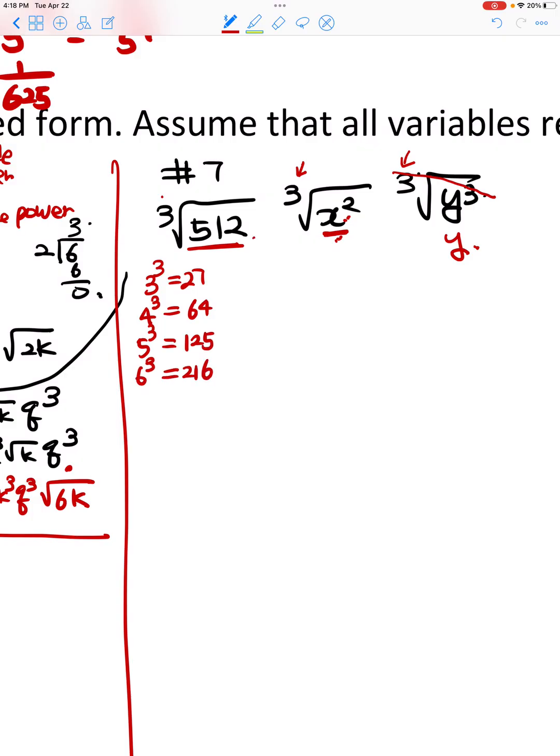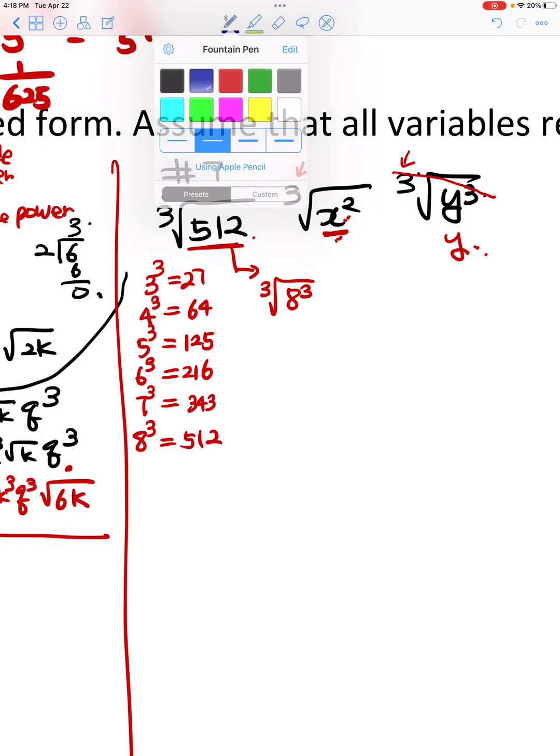It's all smaller than 512. 7 cubed is what? Oh, 343. Let me think about 8 cubed. That's 512, right? So I can change this one to 8 cubed.